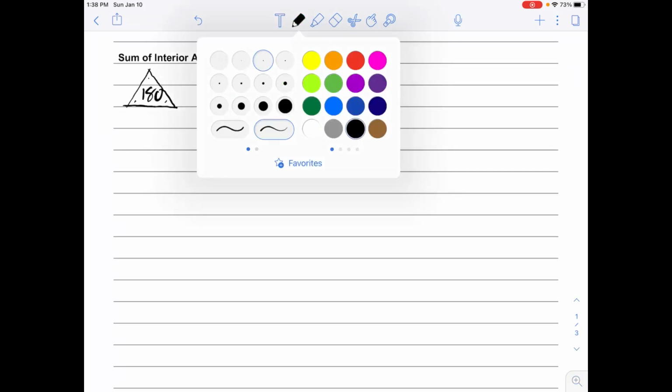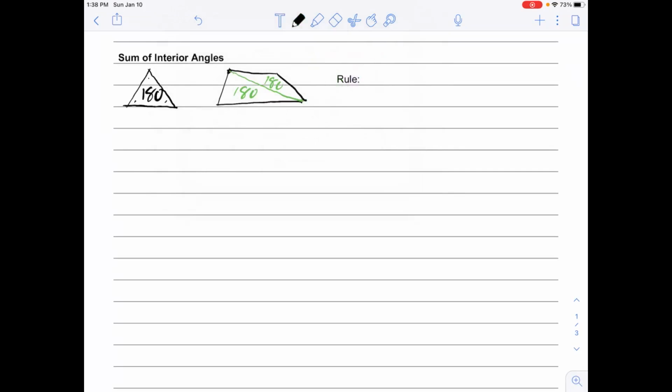That means that in the quadrilateral, my sum of my interior angles, if I were to add up all of the angles, they would add up to 180 plus 180 because I split it into two triangles. So 2 times 180 for my quadrilateral, which is 360.